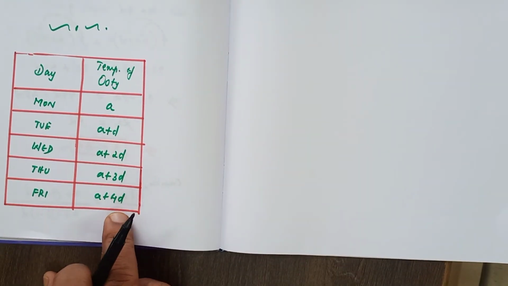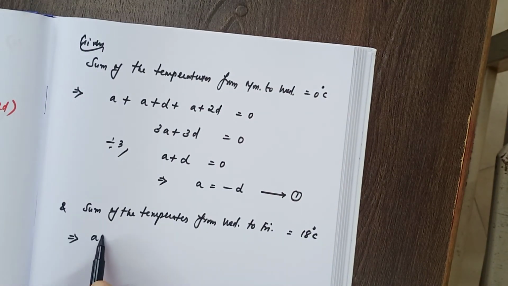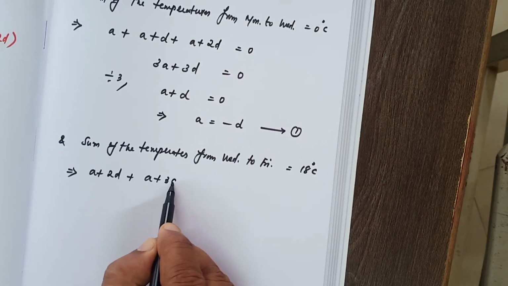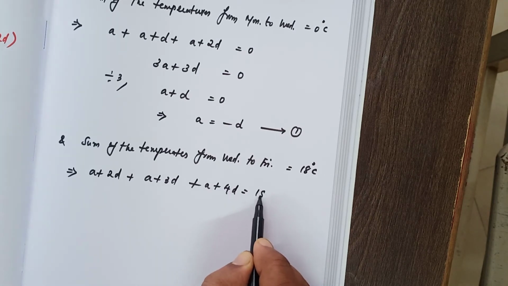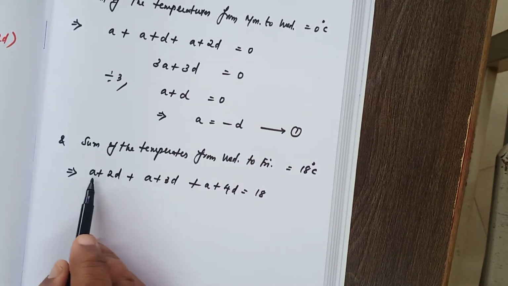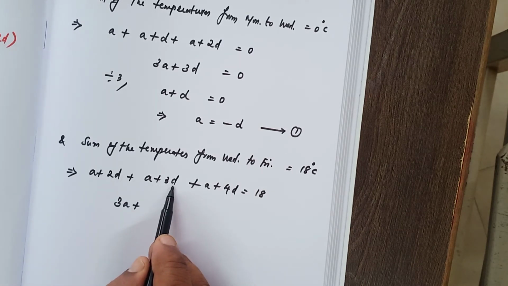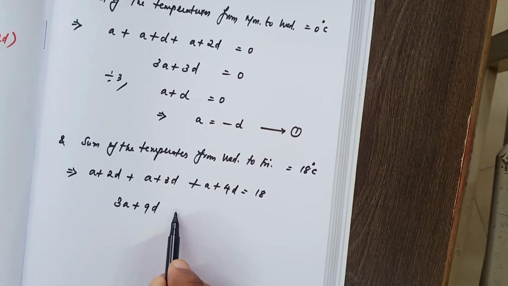So we have to add A plus 2D plus A plus 3D plus A plus 4D, that is equal to 18. A plus A plus A is 3A. 2D plus 3D is 5D, 5D plus 4D is 9D. That is equal to 18.